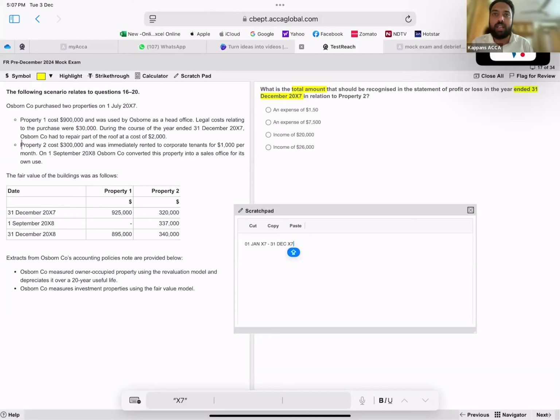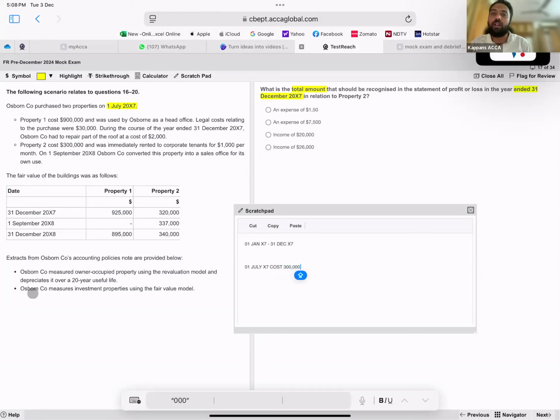If you read the question, you can see that in July X7, in the current year, property 2 was purchased. Osborn Company purchased two properties on 1st July X7. The cost on 1st July X7 is $300,000.